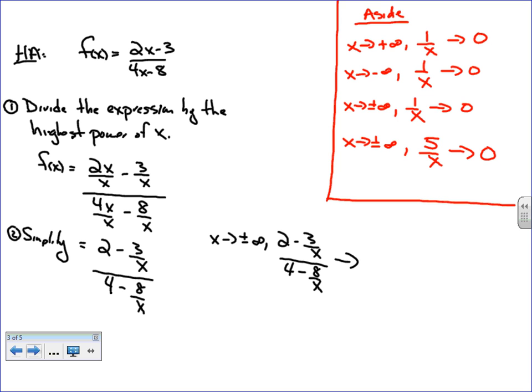Okay, so as x gets really, really big, in the positive direction and the negative direction. This 2 is being unaffected by the x. It doesn't have an x near it, so it's not going to be affected by it, so it's staying 2. But what is negative 3 over x becoming? What value? David?